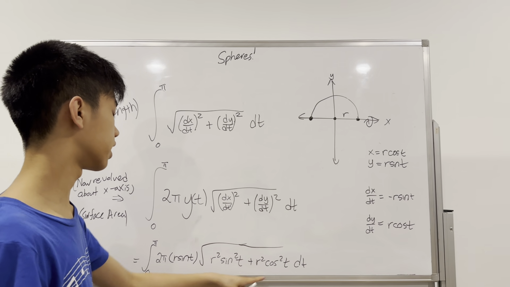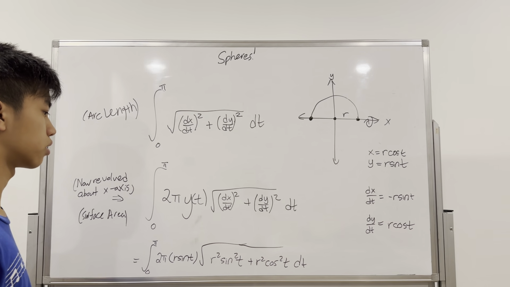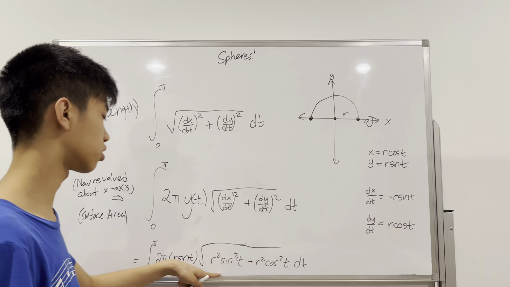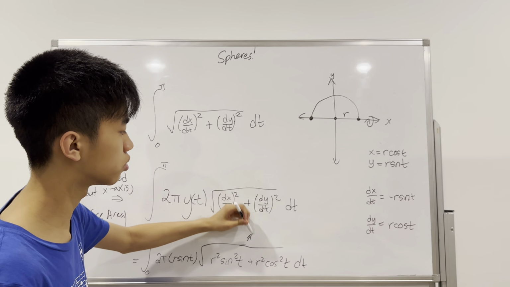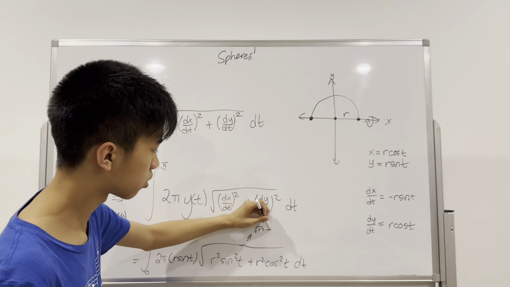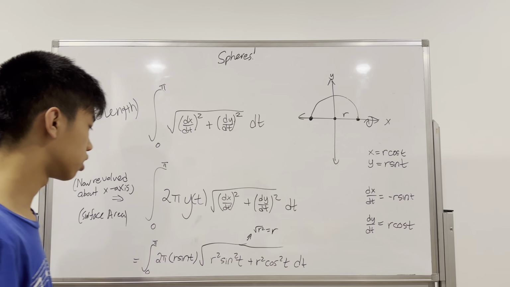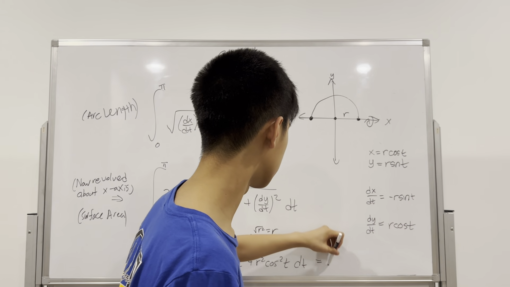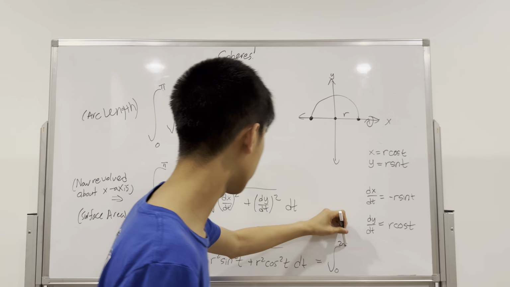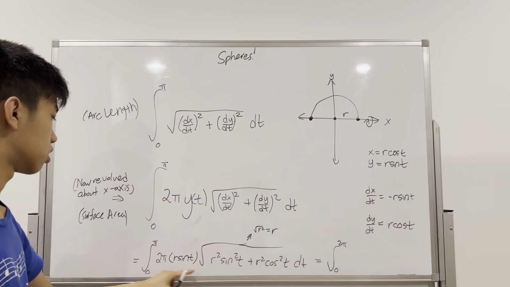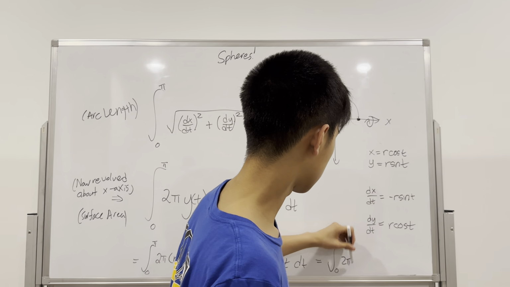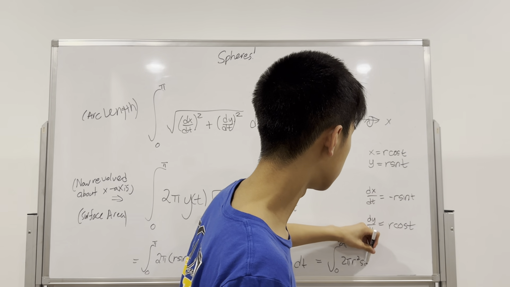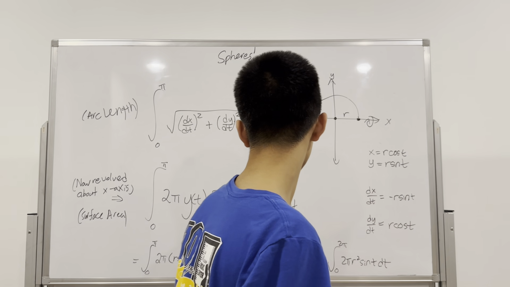Sine squared plus cosine squared turns into just 1 as per the Pythagorean identity. So this expression just reduces to the square root of r squared, or just r. So what we're left with is the integral of r times 2 pi r squared sine t dt.